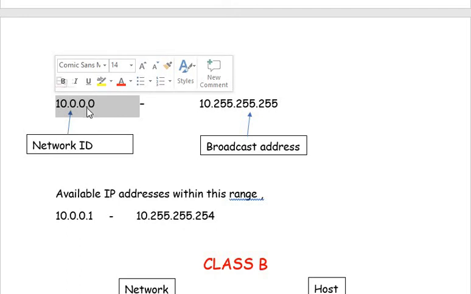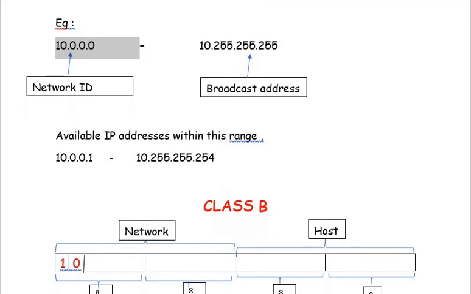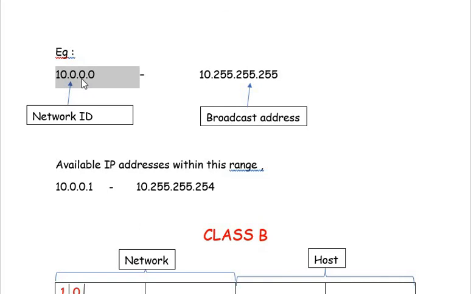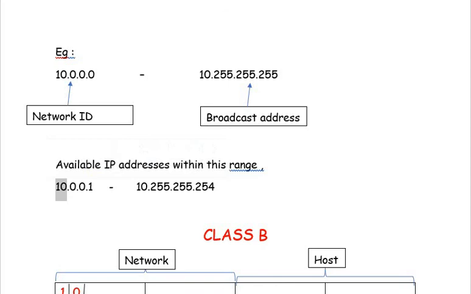This is the very first IP address of this network, called the network ID. And 10.255.255.255 is the broadcast address. As this is the network ID and this is the broadcast address, the available IP addresses are 10 fixed, 10.0.0.1, 2, up to 10.255.255.254.